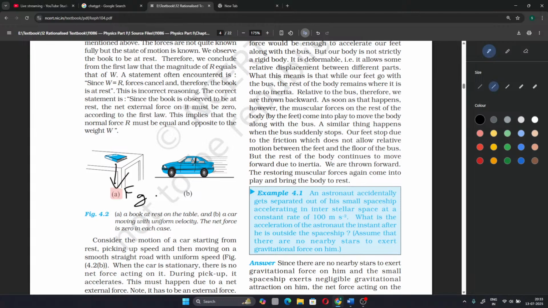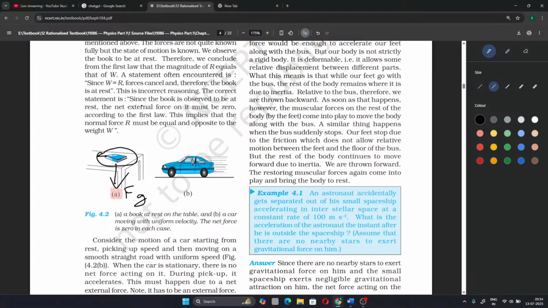Why is it just staying on the table? If it's experiencing a force, it should be falling down, but it's not. Intuitively, we know it is not falling down because there is a table here. The table is there, so the book is not falling down, even though there is a force acting on the book.